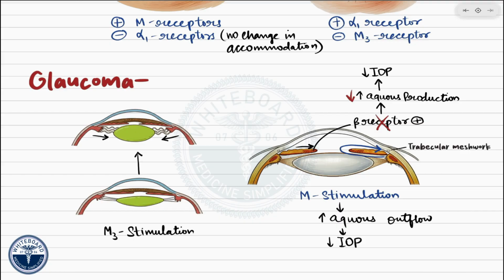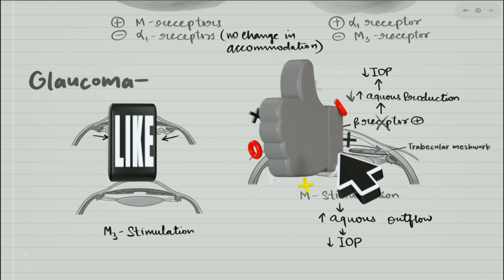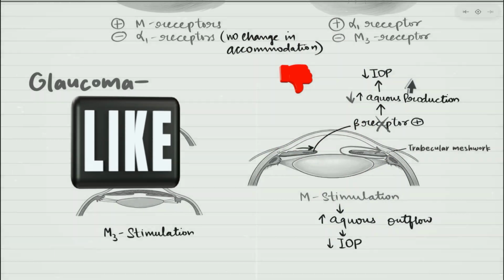Therefore, while muscarinic agonists lower intraocular pressure by increasing aqueous humor outflow, beta blockers achieve the same goal through a different mechanism, by reducing aqueous humor production. Ultimately, both approaches help lower intraocular pressure and can be useful in the management of glaucoma.